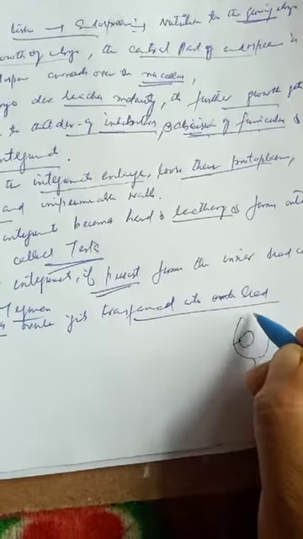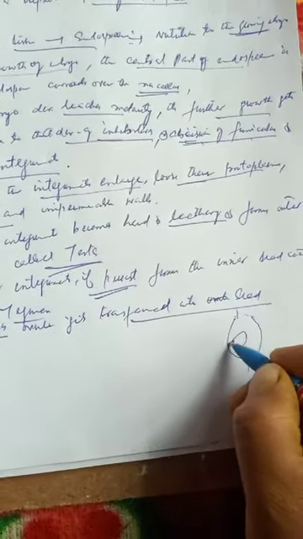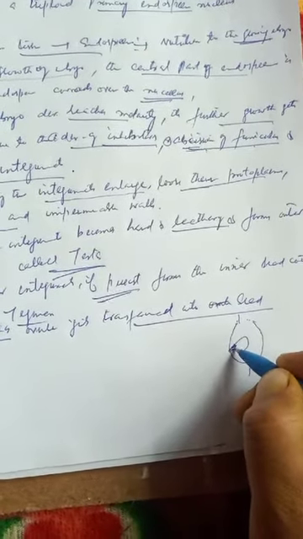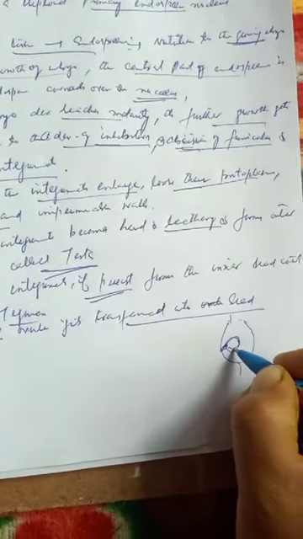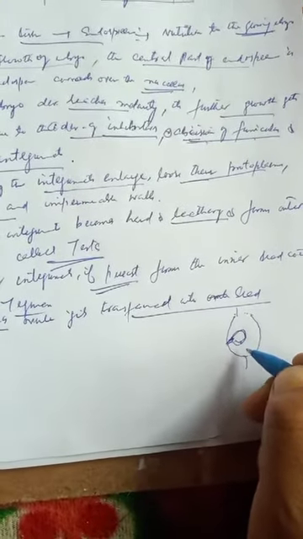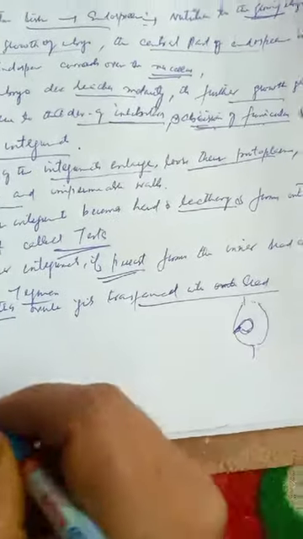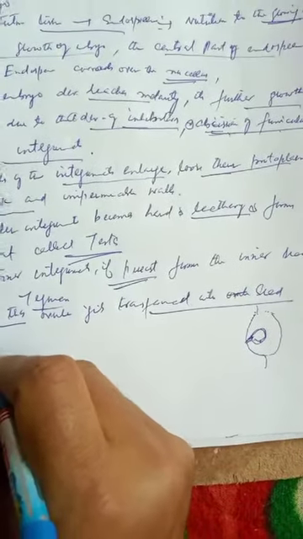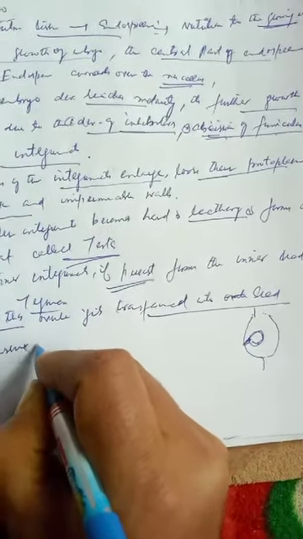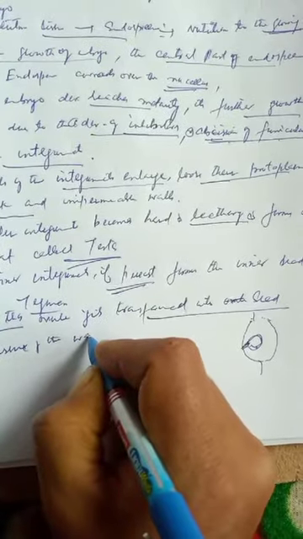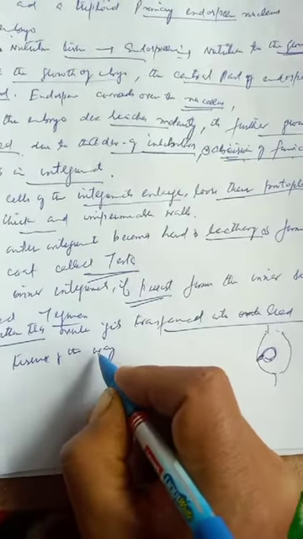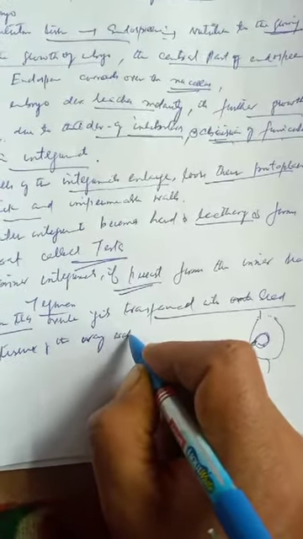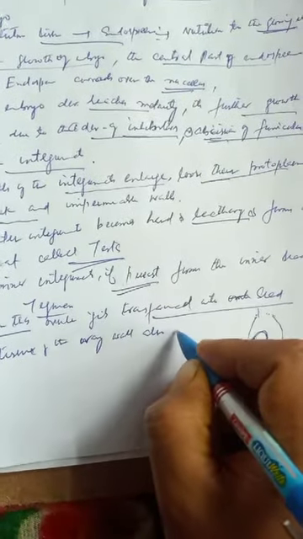The ovule is found in the ovary. When the ovule gets converted into a seed, the tissues of the ovary wall also get stimulated.